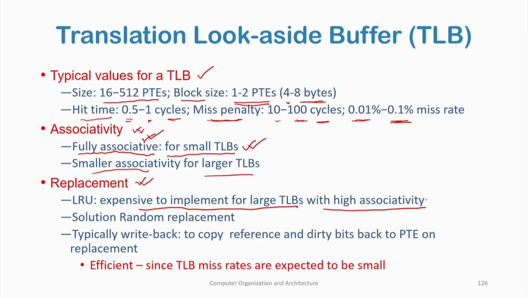So LRU is expensive to implement for large TLBs, especially when the associativity is high. What is the solution? The bypass is that we use random replacement. I just pick a TLB entry and replace it randomly. I do not go for the least recently used.